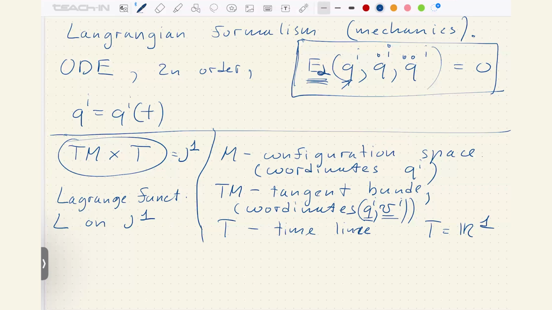But in most cases, it's enough to work with this J^1. So it's the tangent bundle over M times T. Do I need to explain, because I will be using this language of bundles all the time, do I need to explain in more detail what the tangent bundle is, or is everybody familiar? I think we are familiar with it. Okay, good. Tangent bundle over M here.